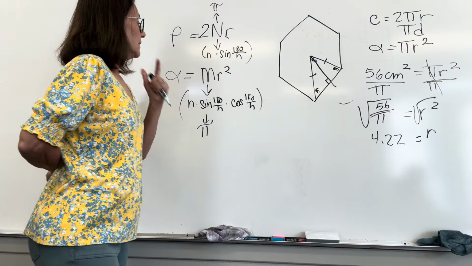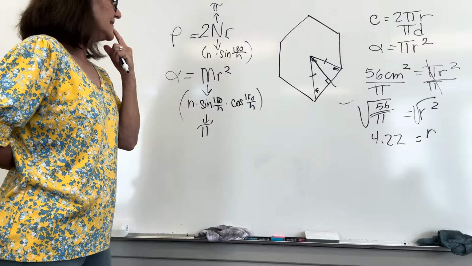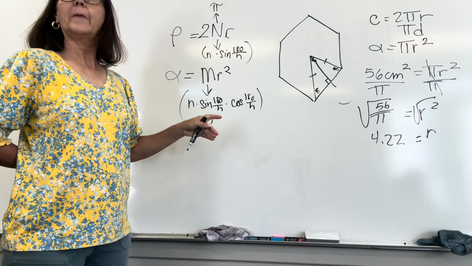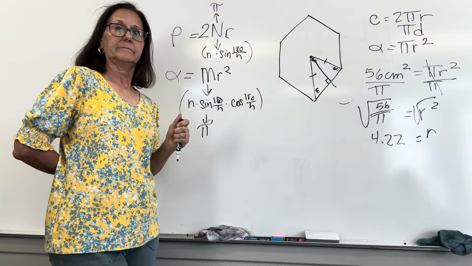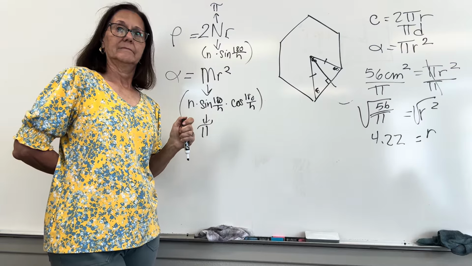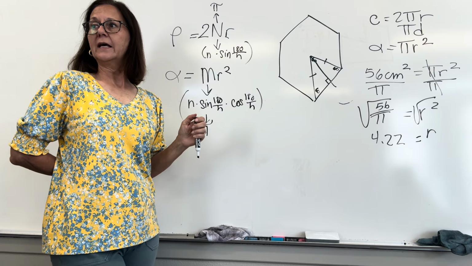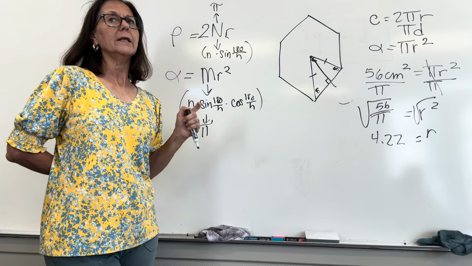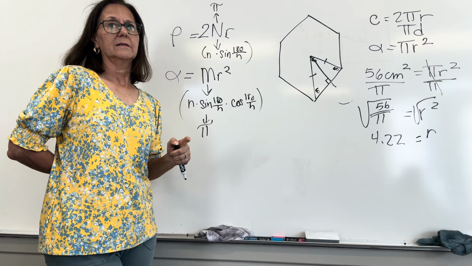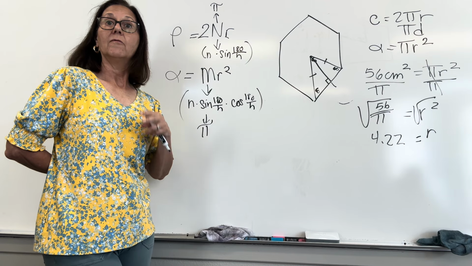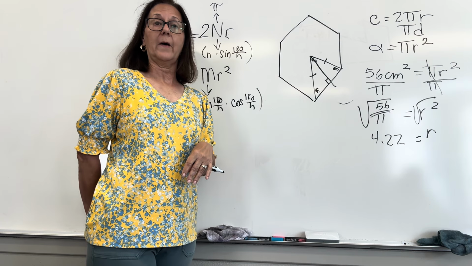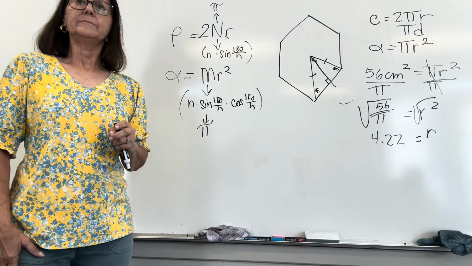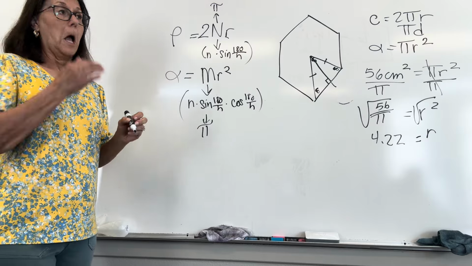Okay. What if we did the same with a regular polygon? Could we calculate the radius if I give you what kind of polygon it is and the area? If I tell you what regular polygon it is. Okay, you want to try it?